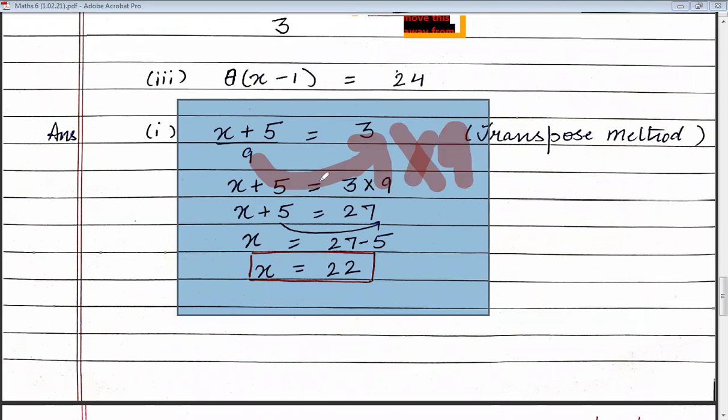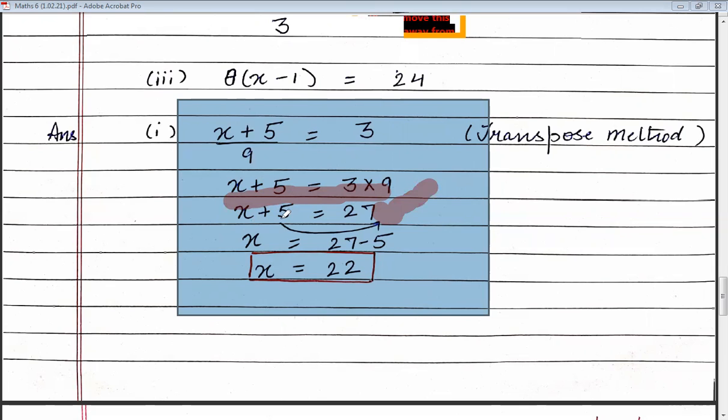Okay, so in the next step 9 will go that side and it will multiply the number on the right hand side. Okay, so now it is x plus 5 is equal to 3 multiply 9. After multiplication you will get 27. Now your expression becomes x plus 5 is equal to 27.